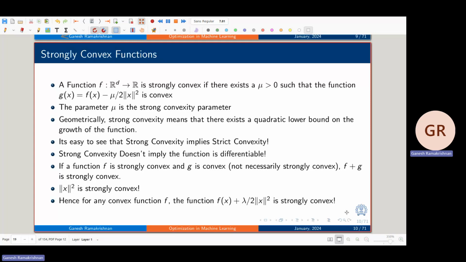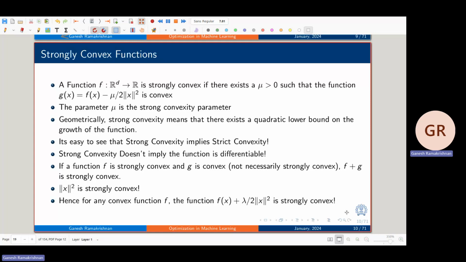On the board, which I have defined there in green color as well: f(lambda x + (1 minus lambda) y) is less than or equal to lambda f(x) + (1 minus lambda) f(y) minus c/2 norm of (x minus y) squared.